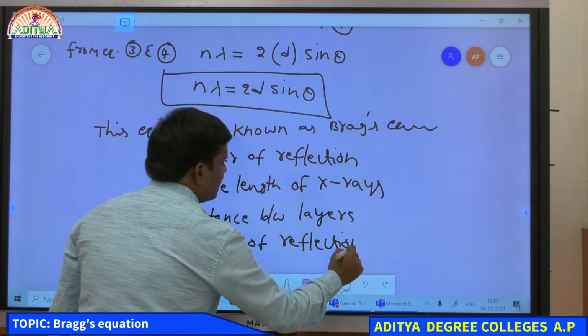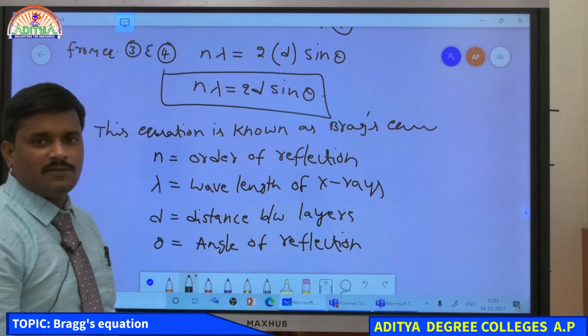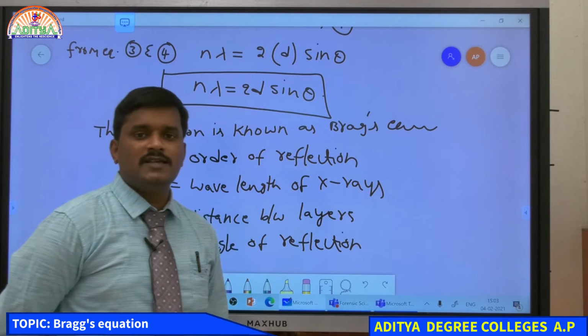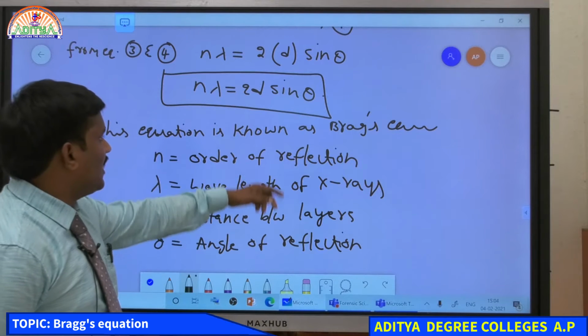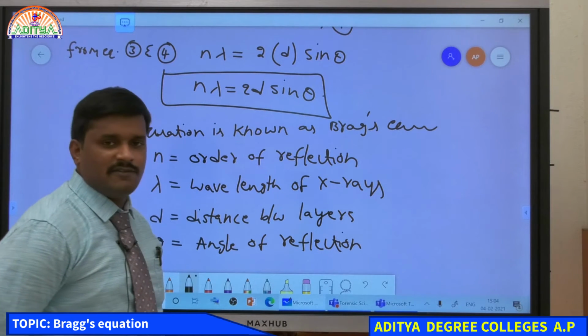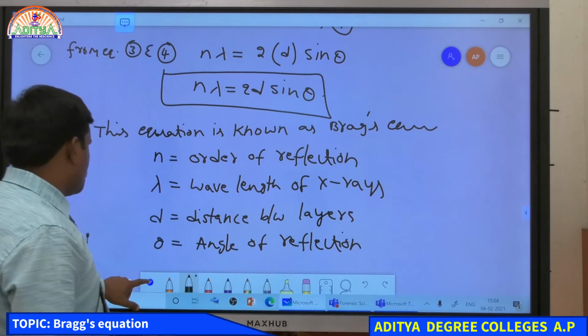So finally we derived Bragg's equation, that is given by n lambda is equal to 2d sin theta. So by knowing the values of theta and lambda, we determine the distance between the layers.